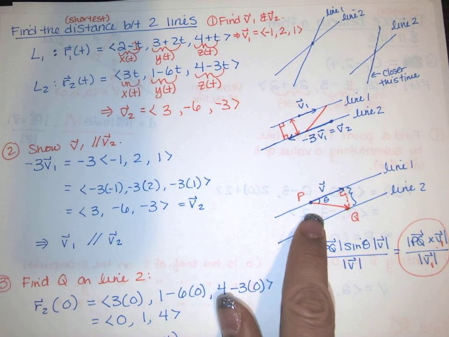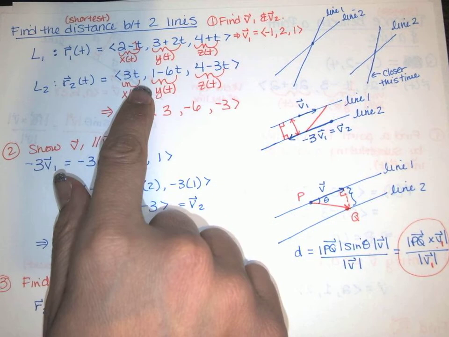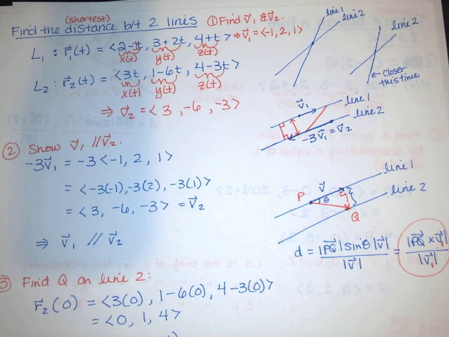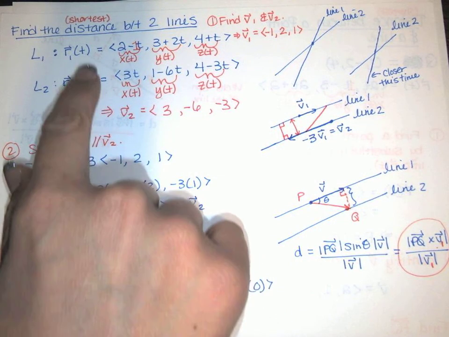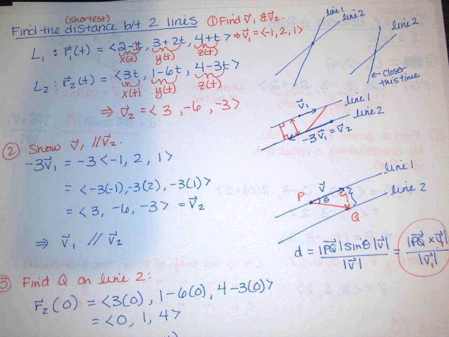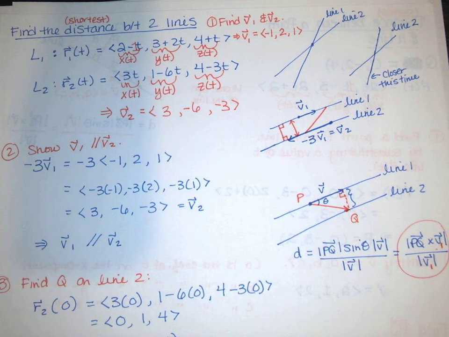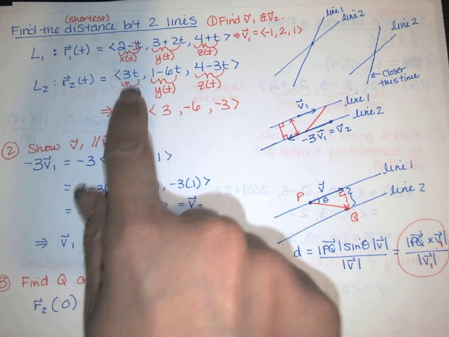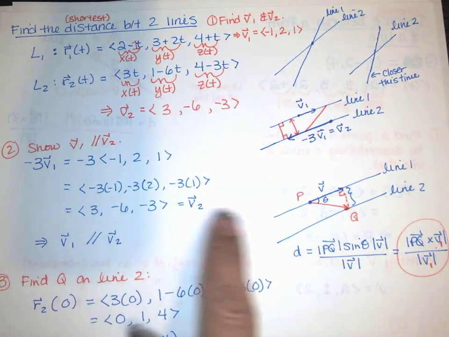This picture reminds me, okay, if I'm given my lines in the vector equations of the lines like this, or if I'm given the parametric equations of the line, then I can use those parametric equations to infer V. I can plug in a t value to find Q on one line, and then I can plug in a t value on the other line to find P.